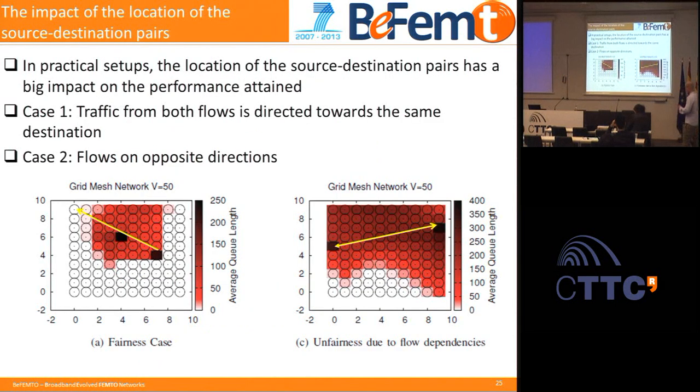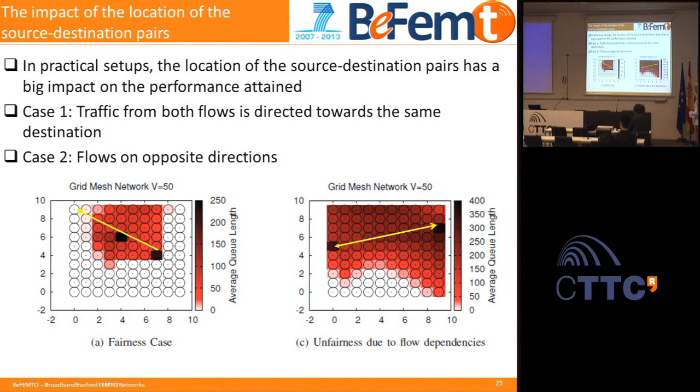For instance, let's see a network in which two flows are injected towards the same destination. What happens here is that you achieve a decreasing Q backlog gradient to the destination, because both flows are directed to the same destination, so you do not experience too much congestion.